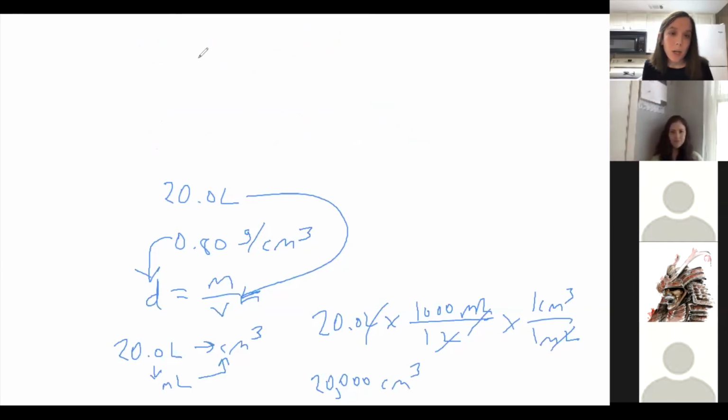Okay, so now what we'd have would be density equals mass over volume. Density is 0.8 grams per cubic centimeter. We're trying to find the mass. The volume is 20,000 cubic centimeters.